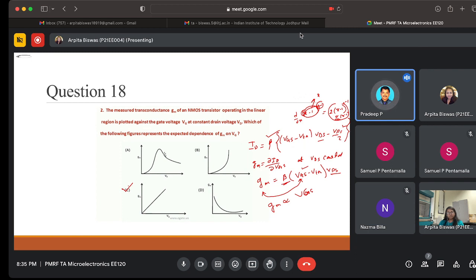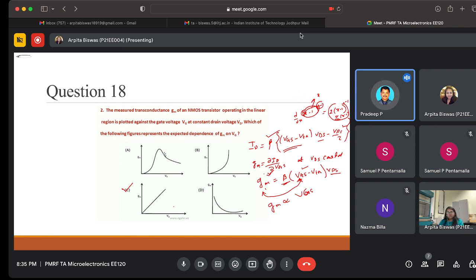So GM is directly proportional to VGS, and it follows the same. You just have to see the ID equation and find out the GM. If GM is directly proportional, it will follow this; if not, it will be inverse or something else.